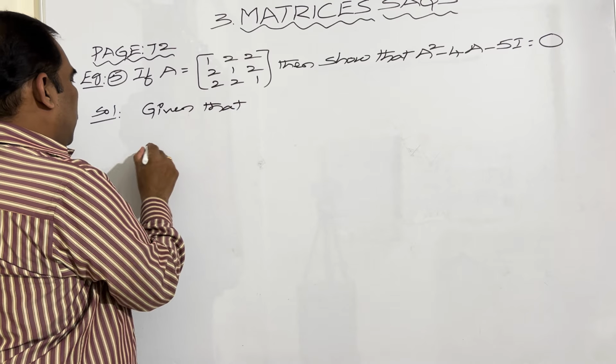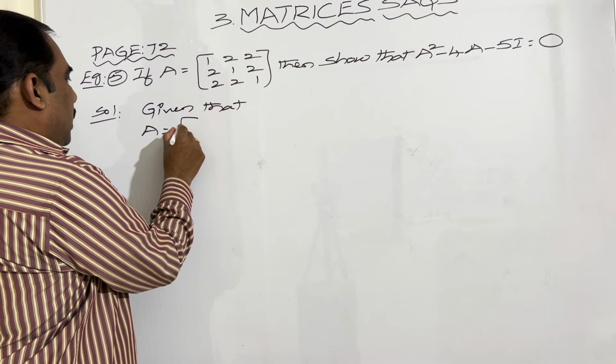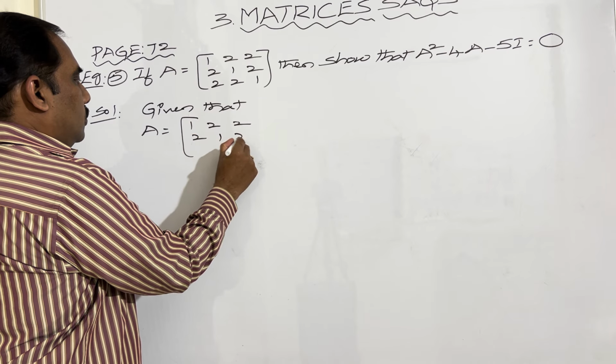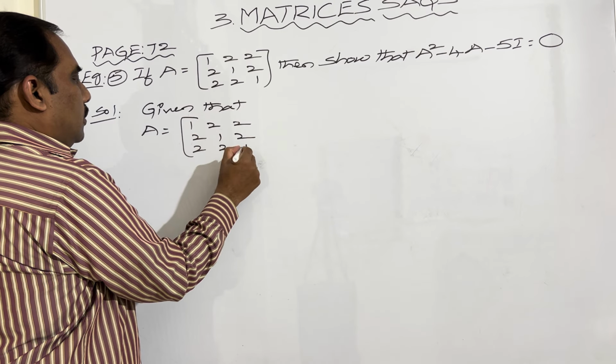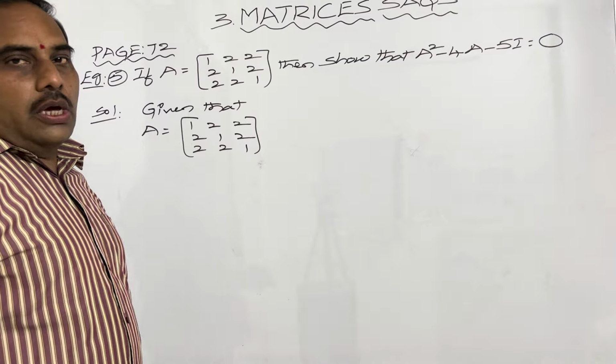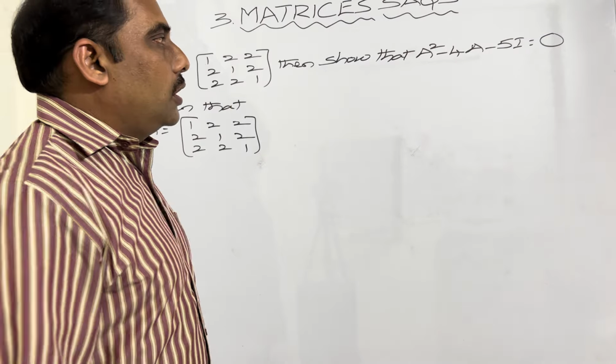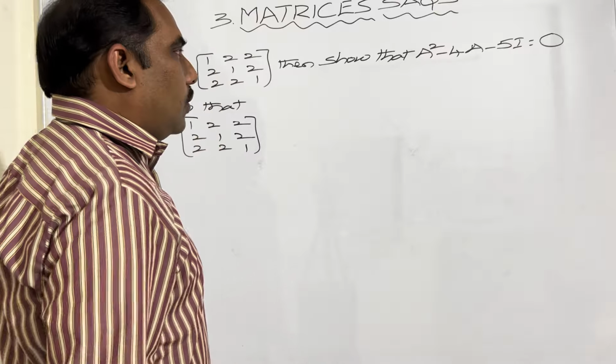Now in the solution, taking the given matrix, given that capital A is equal to matrix 1, 2, 2, 2, 1, 2, 2, 2, 1. So now first we have to show that the value of A square minus 4A minus 5I is equal to 0.